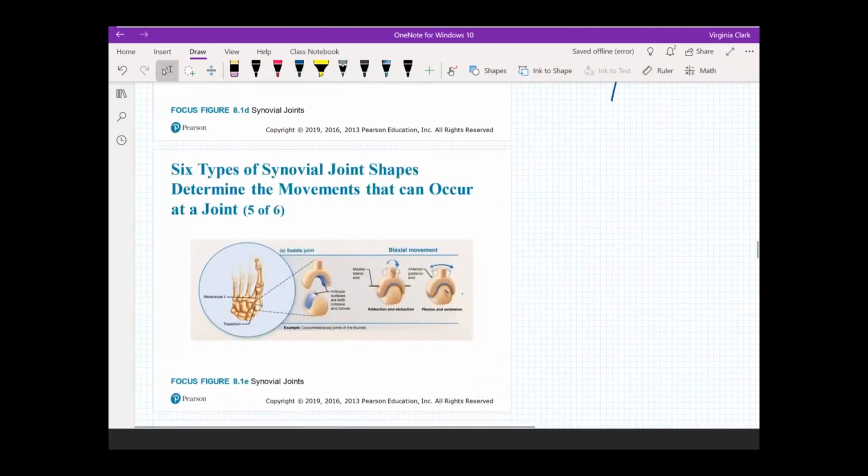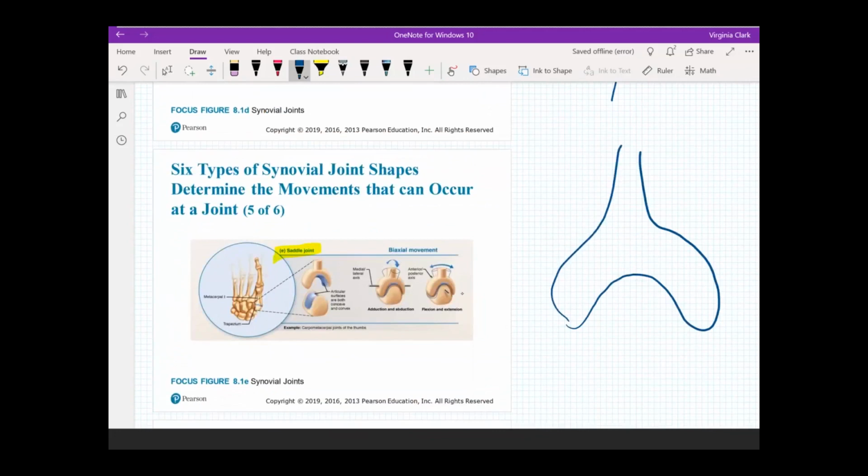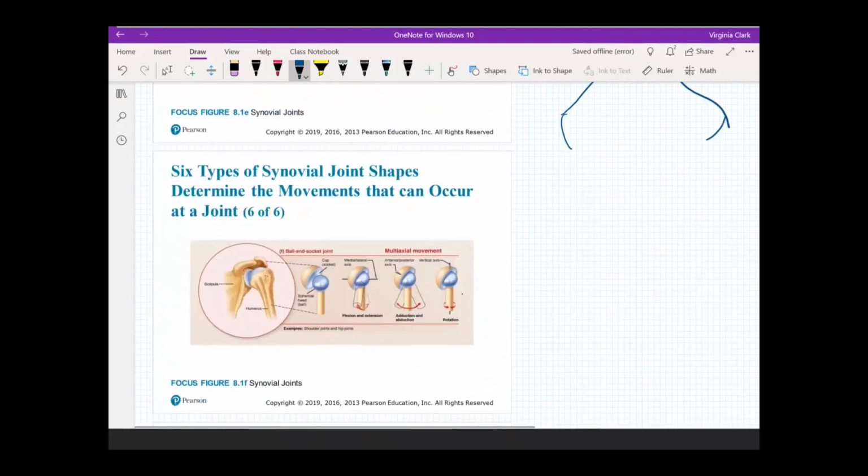Then you can have a saddle joint, and a saddle joint is essentially what it says. One bone will have this, one bone will have this, so it allows them to connect, kind of like sitting on a saddle. And then the biggest one that we've probably all heard of is the ball and socket.